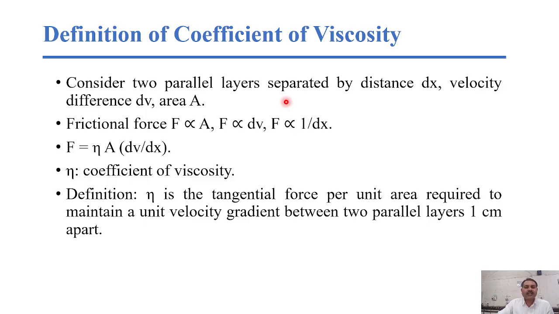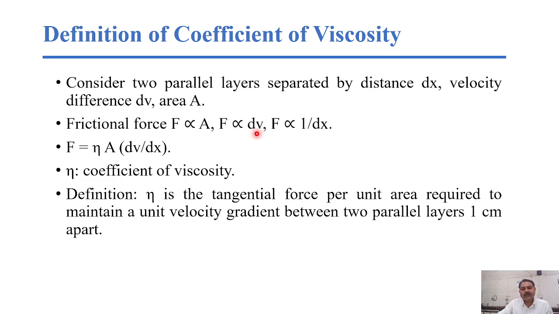Then what is the definition of coefficient of viscosity? So consider two parallel layers separated by distance dx. So dx is the distance between two parallel layers which are moving with a velocity difference of dv, and area is A. So frictional force is directly proportional to area. It is directly proportional to the velocity.